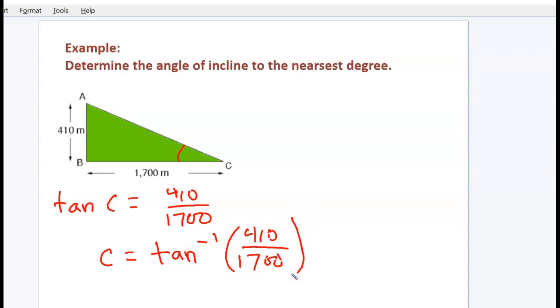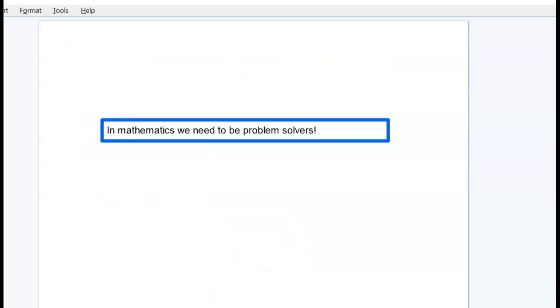And now I'm going to go second tan, or tan inverse of 410 divided by 1700. And angle C works out to be, to the nearest degree, approximately 14 degrees. So again, same process. The only difference in this question is we have to find the angle of incline. So we have to indicate on the triangle or find that first, which angle we're trying to find.